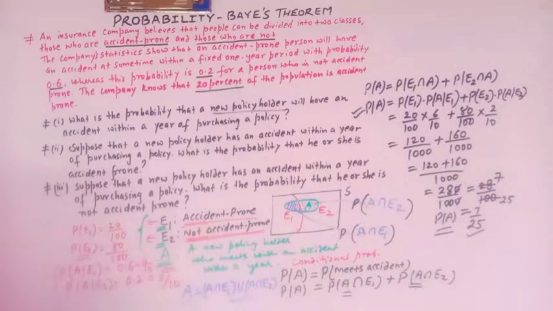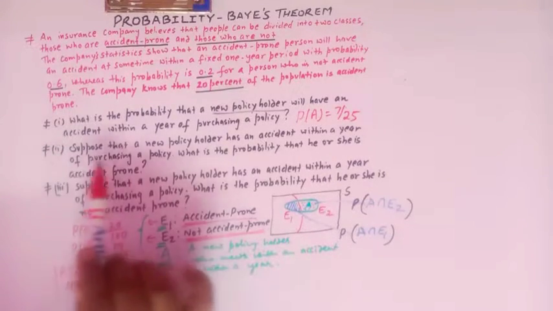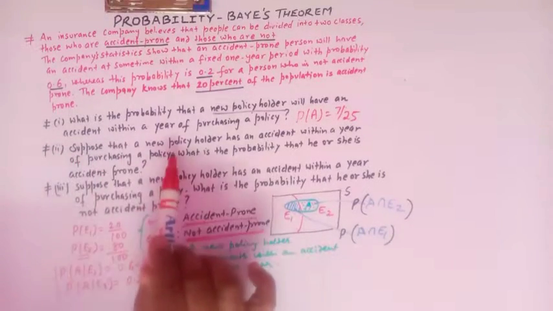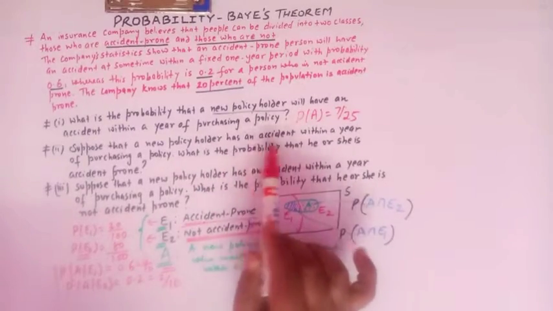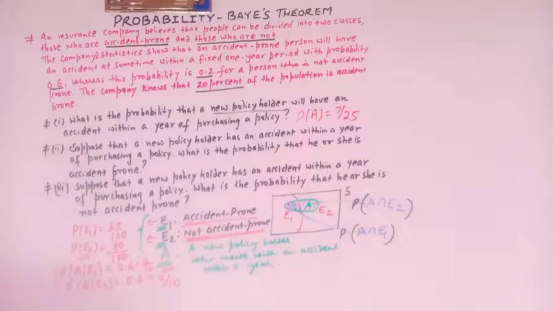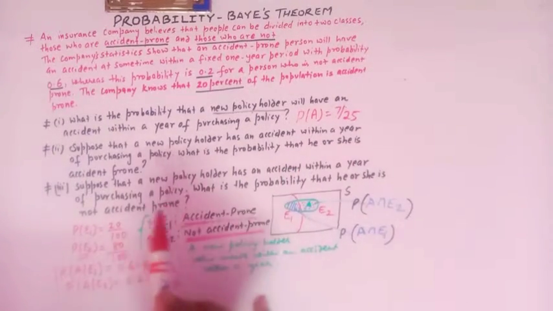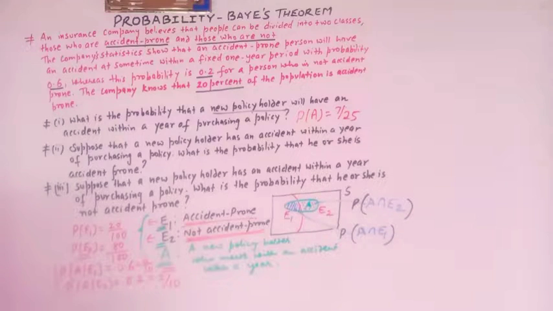Now let us come to problem number 2, which utilizes the Bayes theorem. This second problem reads: suppose that a new policy holder has an accident within a year of purchasing a policy, what is the probability that he or she is accident prone?